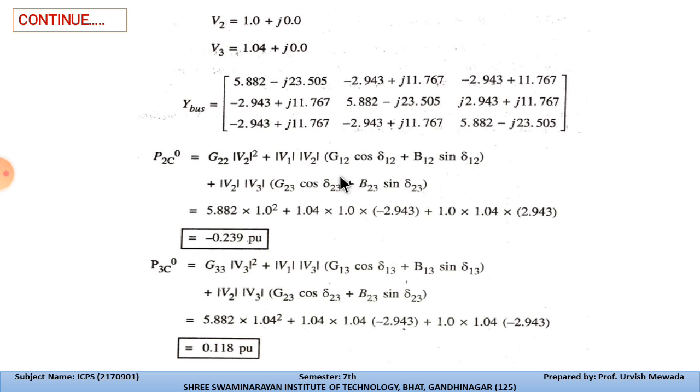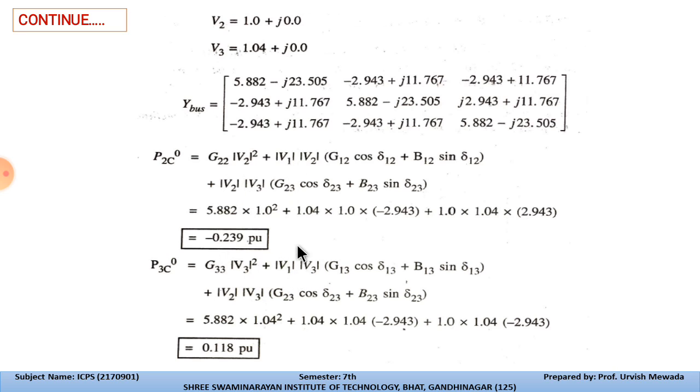This is according to the number of the bus. Now over here you can see that we are calculating for bus 3, so all the terms are replaced with 3: G22 is replaced with G33, V2 squared is replaced with V3 squared.